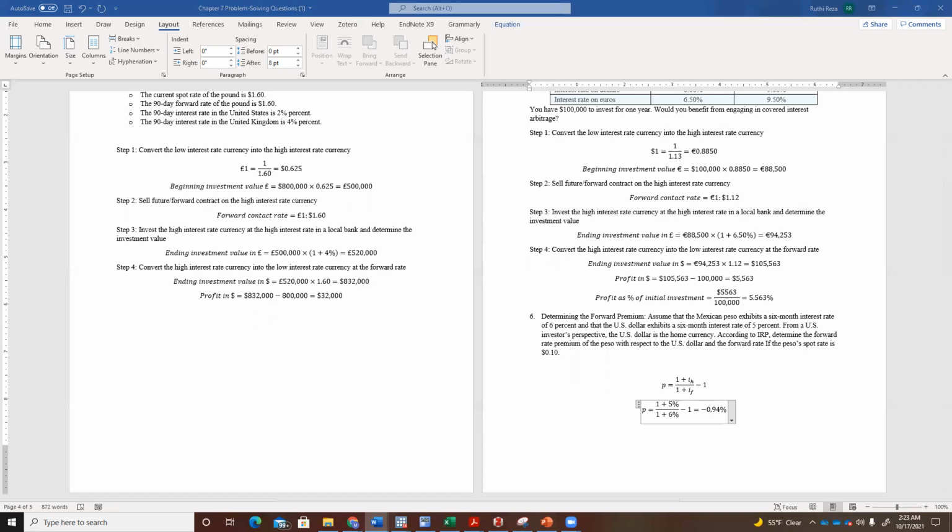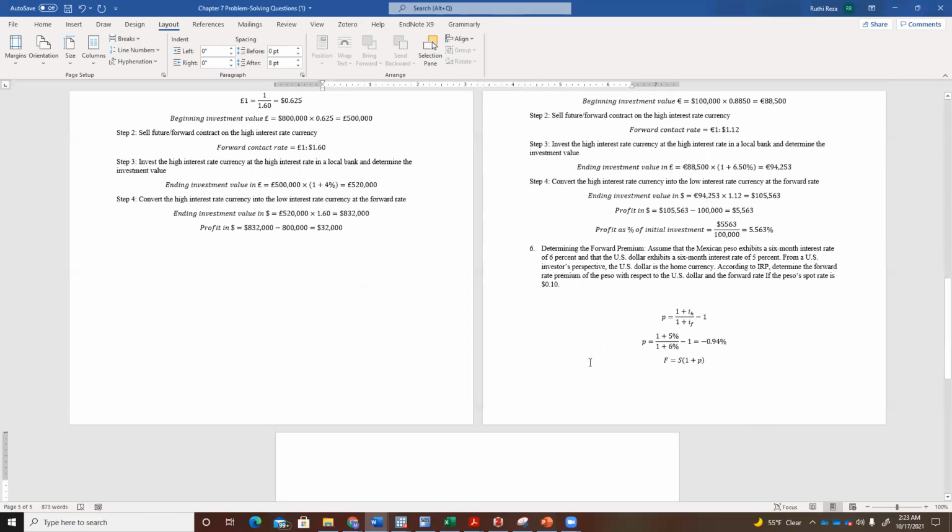Now we're going to calculate our forward rate using the discount we calculated. According to the formula, forward rate is equal to spot rate times 1 plus premium. This premium could be positive, could be negative. If P is positive, then it is a premium. If P is negative, then it is a discount. In this case, we have a discount because our P is negative here. All right.